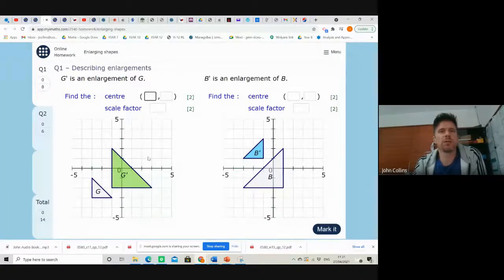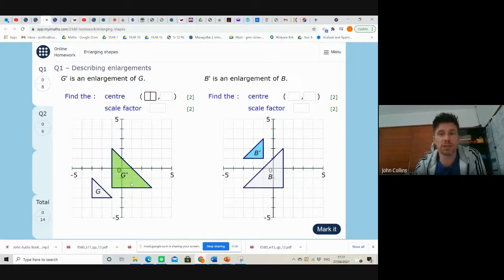For each of these two, you have to give the center of the enlargement. You can redraw this if you want on paper. You can maybe get your ruler up onto your screen and join this point, that's 1 construction line, 2 construction lines this way, and 3 construction lines. So it's going to be somewhere around here.